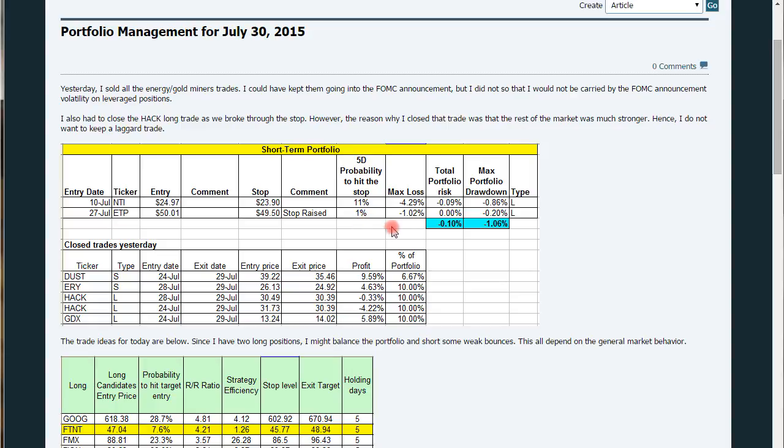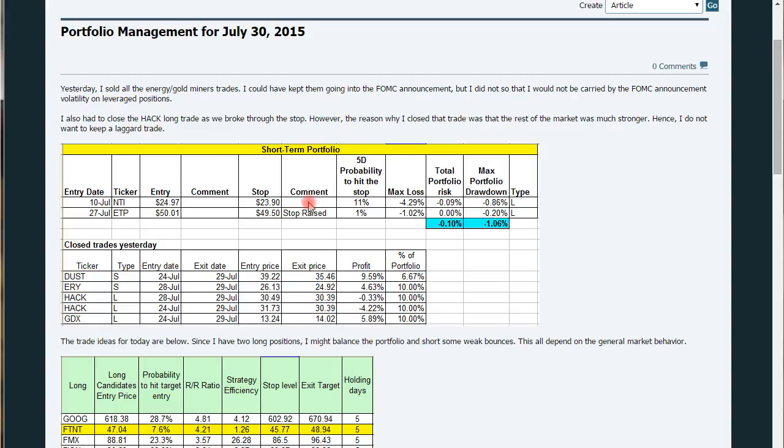Because of that, the maximum loss, of course, is 1% only, but the total risk on this position for the portfolio is 0% because 1% times 1% is basically 0%.